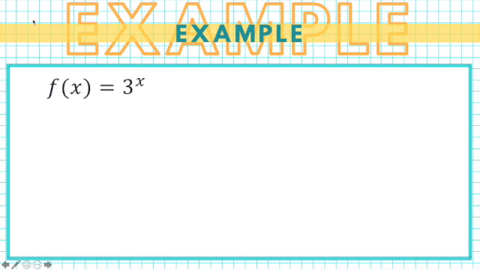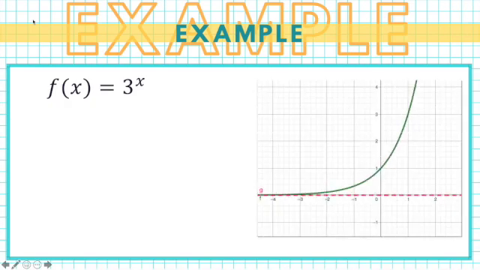Say we have the function f of x is equal to 3 raised to x. If we try to graph the function, the graph would look like this. This green line right here is the graph of the function, and this red broken line here represents the asymptote.